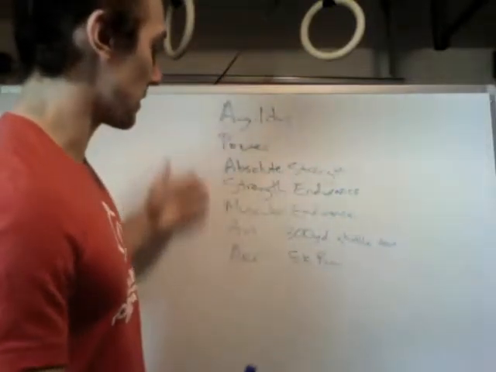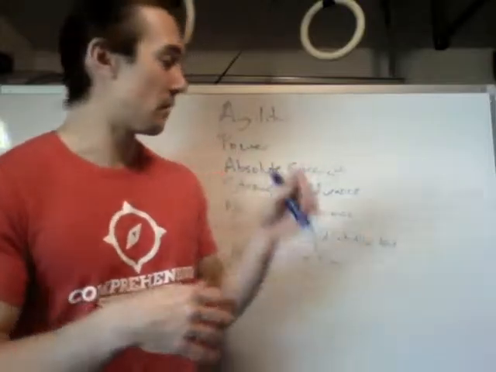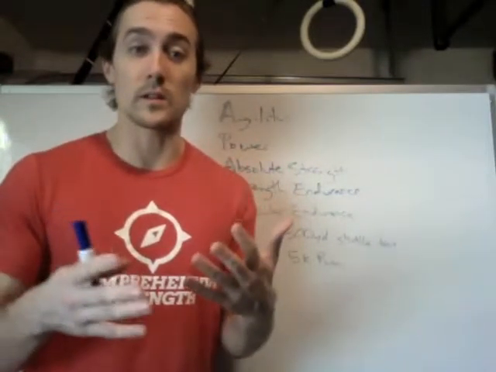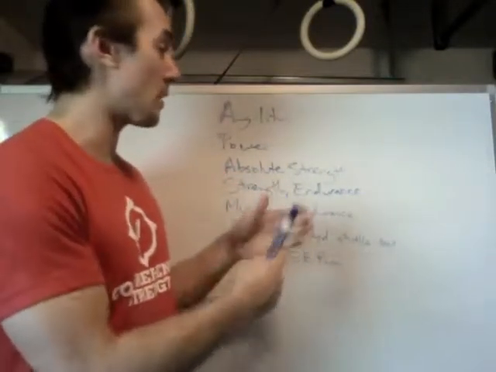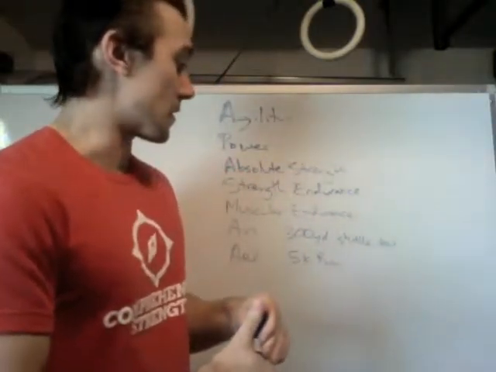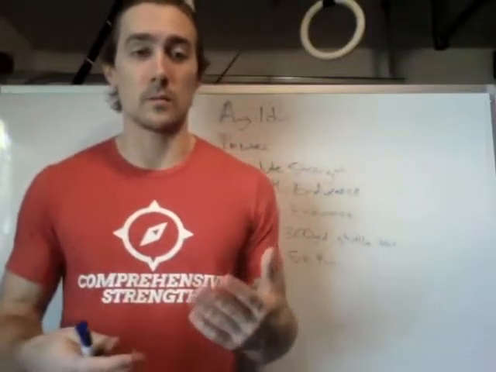Whereas testing like this is supposed to look very specifically at an individual's strengths and weaknesses so that training can be based around those strengths and weaknesses. It can be designed around that. And so it's not trying to see how much you can suffer over the course of a certain number of days.